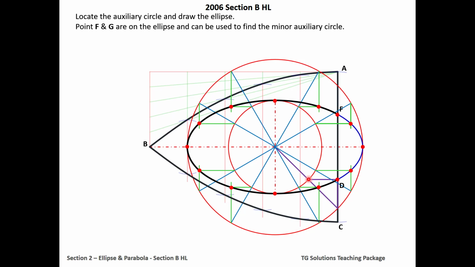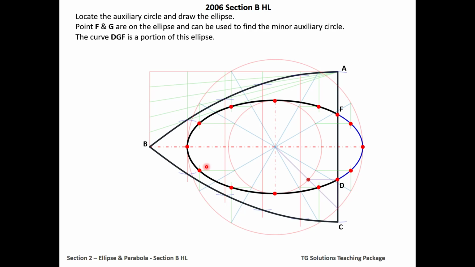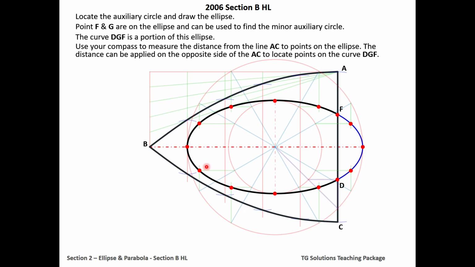Now, last but not least, we're actually going to have to put this elliptical curve in here from F to G, okay? So we're going to mirror this part here of the ellipse. We're going to pick some points along here.